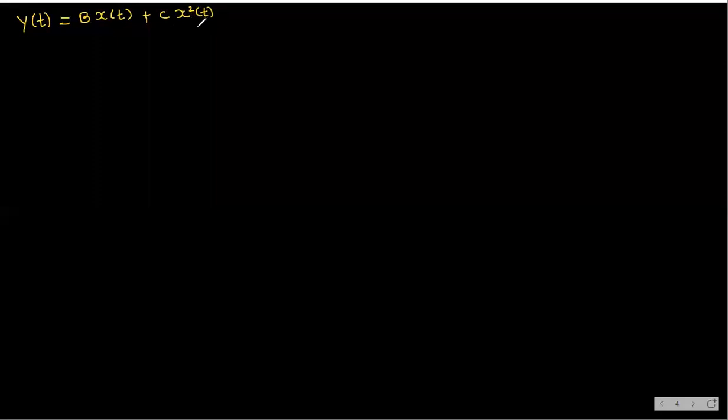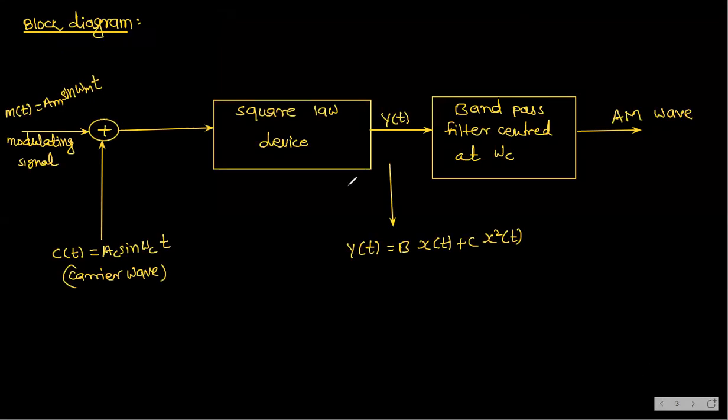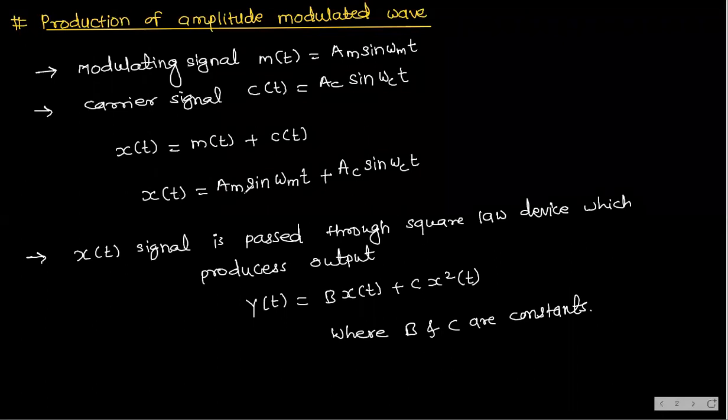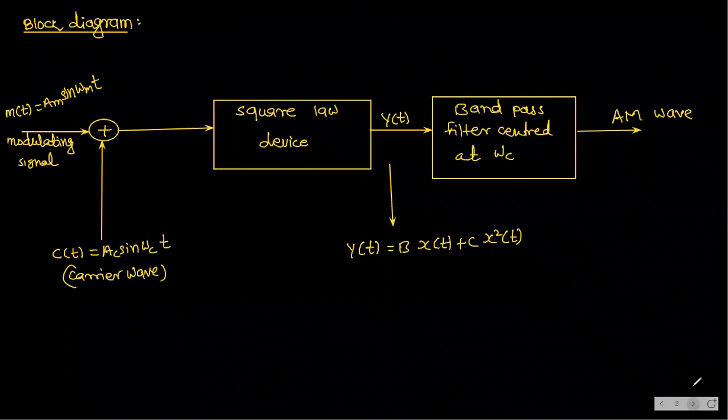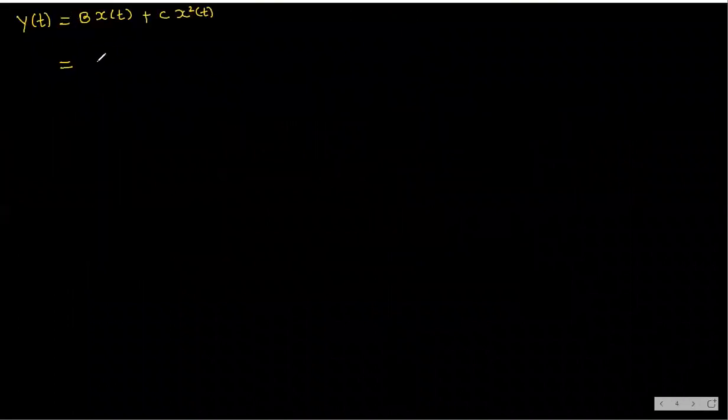The same function we will square here. Now let's substitute x of t. X of t we already have: Am sin omega mt plus Ac sin omega ct. So we are going to substitute that here.